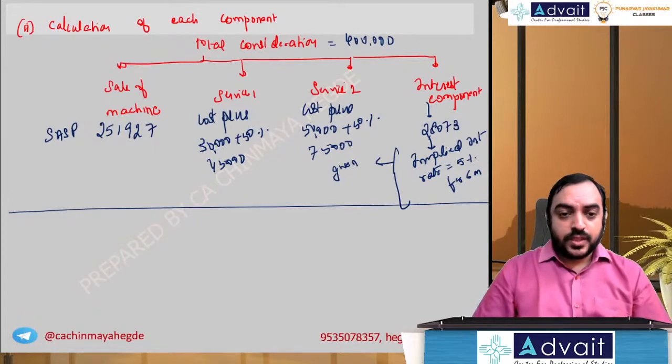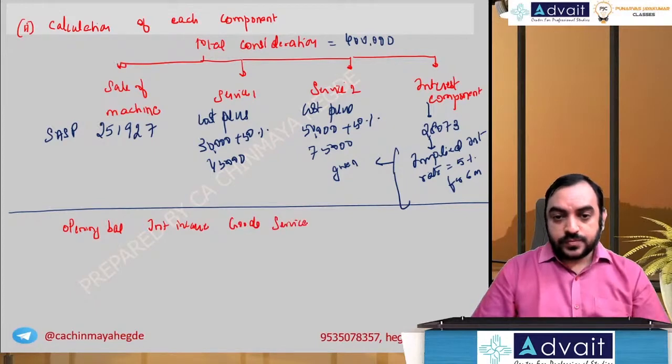I'll show you that. We can do it in this format: opening balance, then interest income or finance income, then goods sold, then services sold, then amount received, then closing balance.